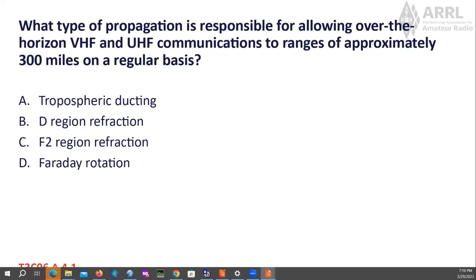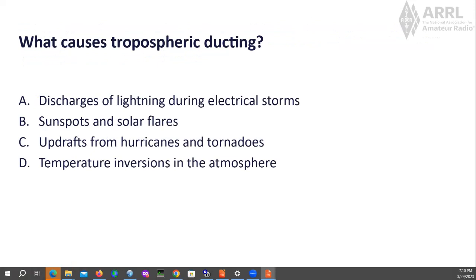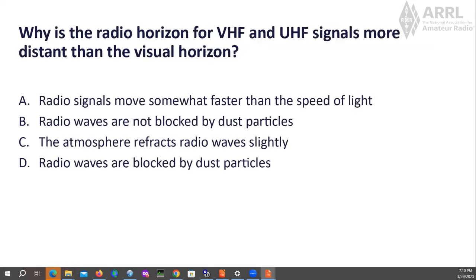And it's A. Tropospheric ducting. What causes tropospheric ducting? And the answer is D. Temperature inversions in the atmosphere. Why is the radio horizon of VHF and UHF signals more distant than the visual horizon? C. The atmosphere refracts radio waves slightly.